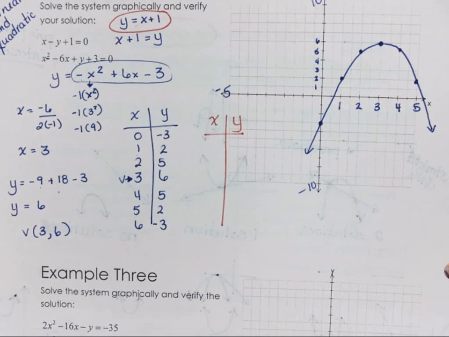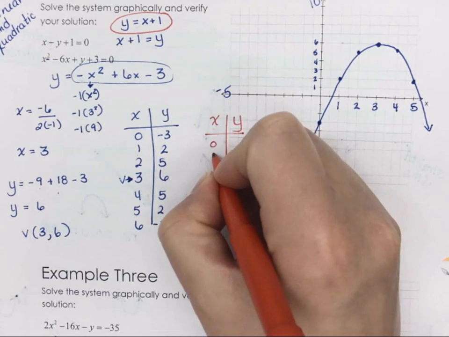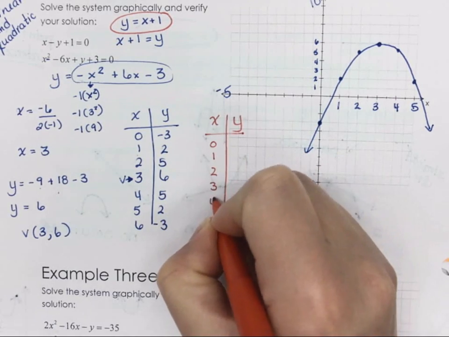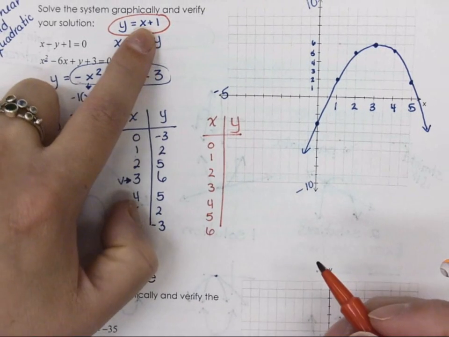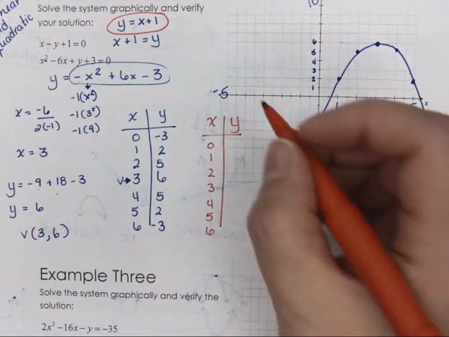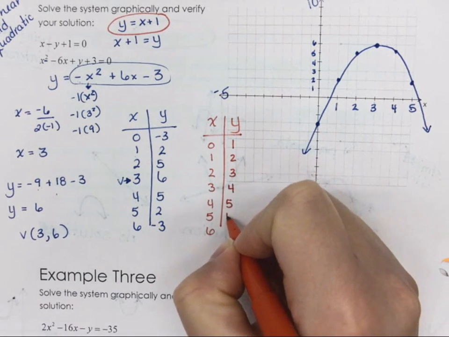I would start with some points that are in this table of values. So let's graph all these points, so 0, 1, 2, 3, 4, 5, 6. This shouldn't be hard. It's just one more than x. So this is going to be 1, 2, 3, 4, 5, 6, 7.